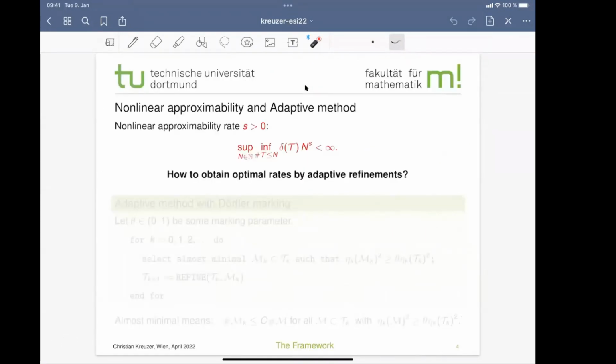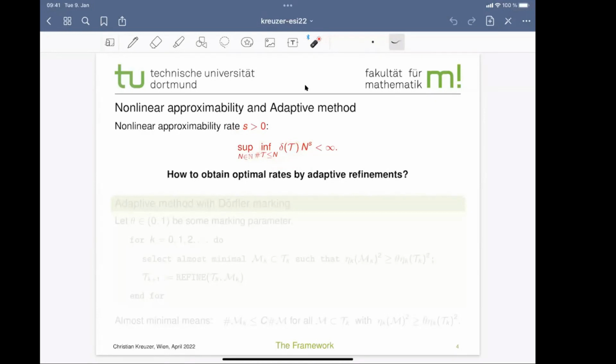Now we have this setting available. One may ask the question, what is the optimal nonlinear approximation rate we can achieve? For example, say we can achieve the rate S here. That means that the infimum of our error quantity, the infimum over all triangulations with less or equal than n elements, vanishes like n to the minus s.